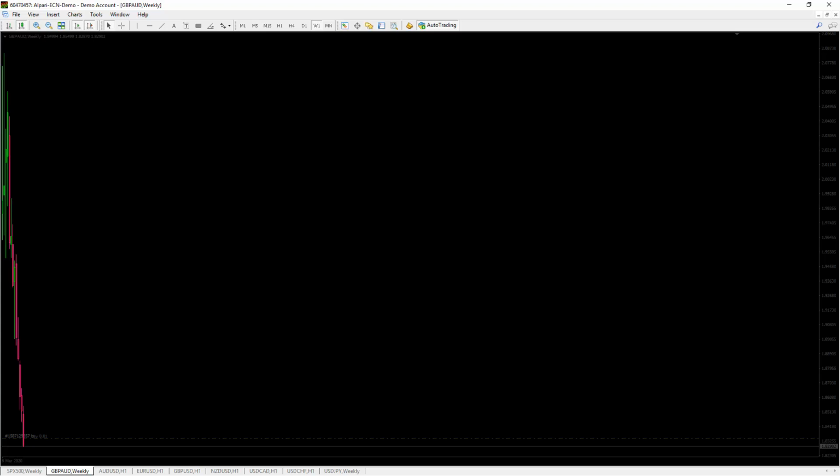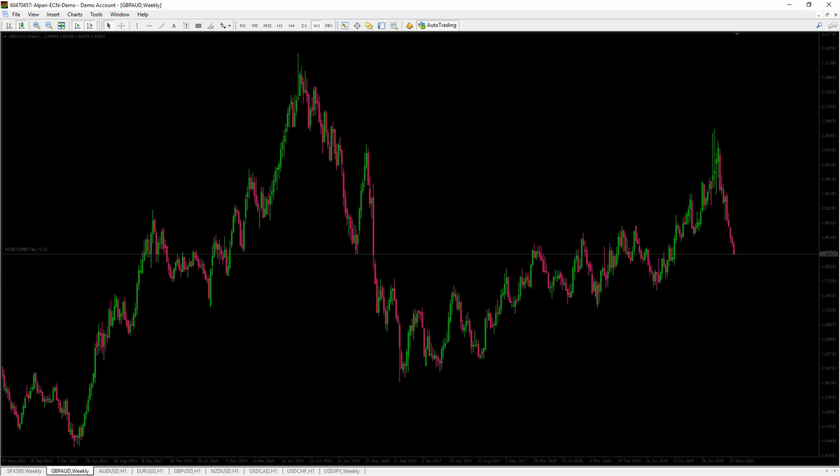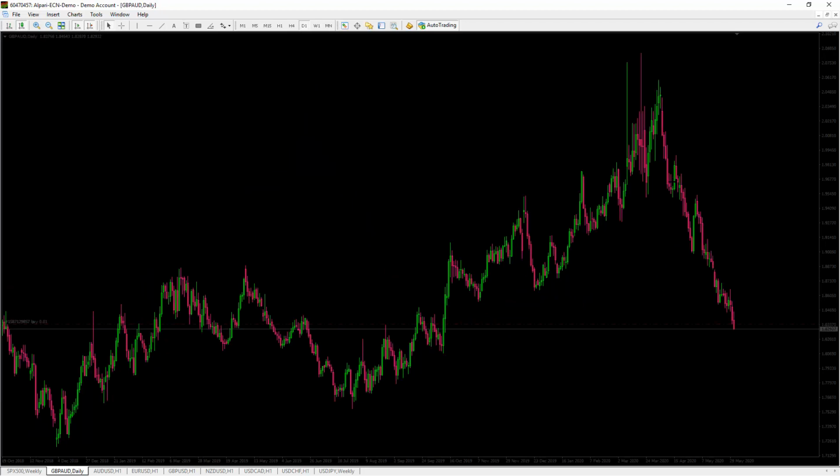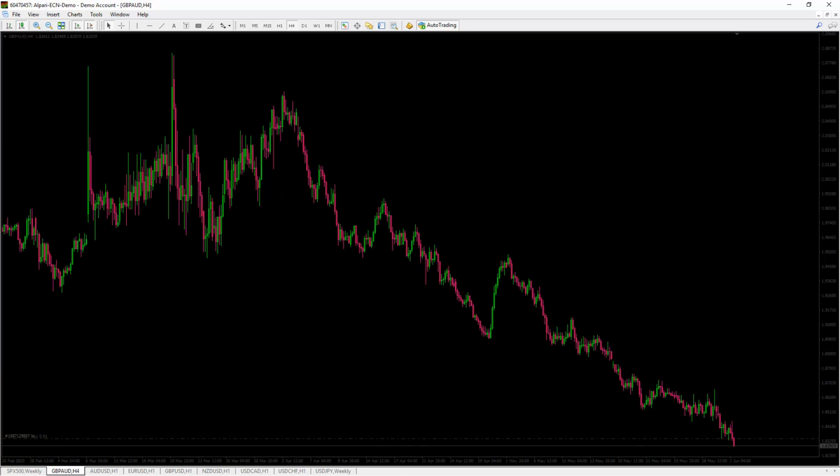Let's go from weekly. Okay, we are back to our trend line. Take note, I'm not drawing the trend line. I'm following the mouse for the trend line. We don't need to be accurate, so chances are for up here. Daily, 1, 2, yeah, chances are for up until this resistance level. 4 hourly, here is our resistance.